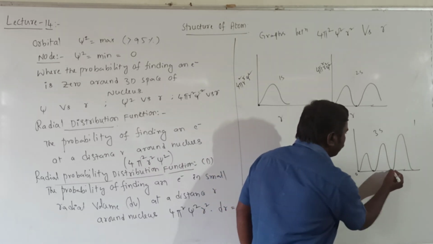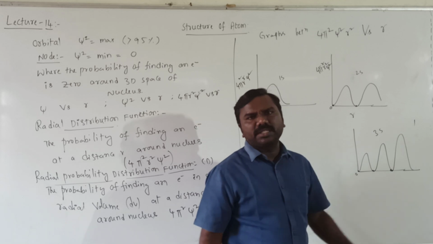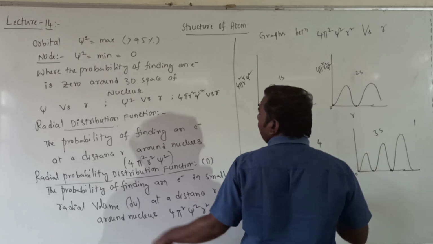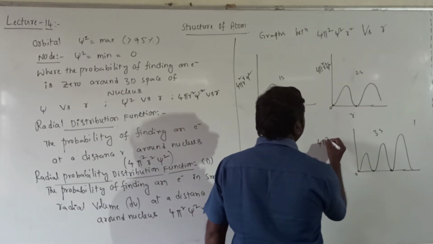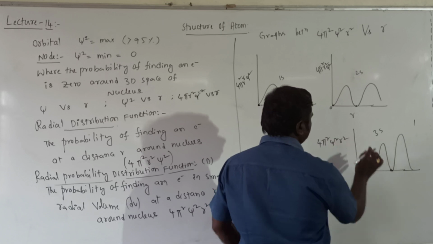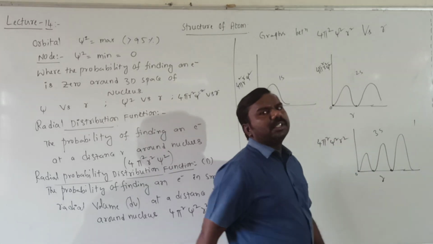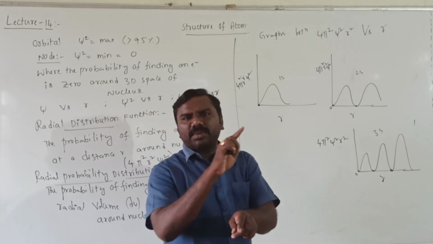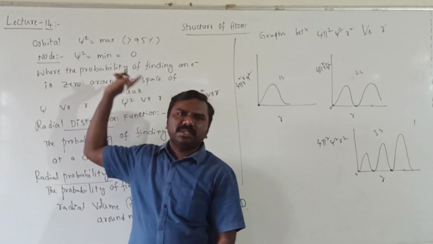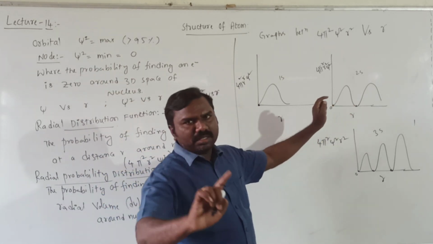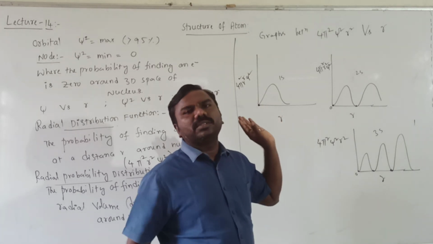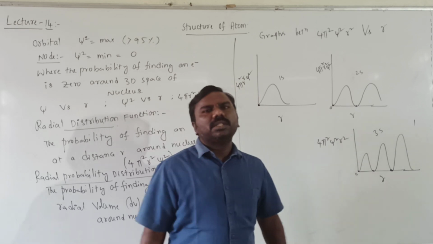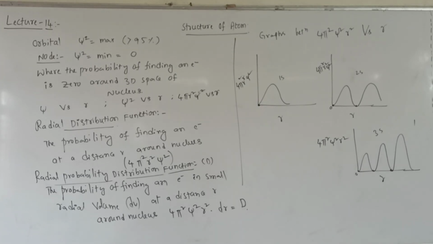At these 2 points, the probability of finding an electron, the radial distribution function 4 pi r square psi square versus radius, is 0. It means 2 nodes, 2 areas of maximum electron density, where the electron density will be 0. Clear? That is node 1 here, nodes 2 here. So this is one kind of graph.